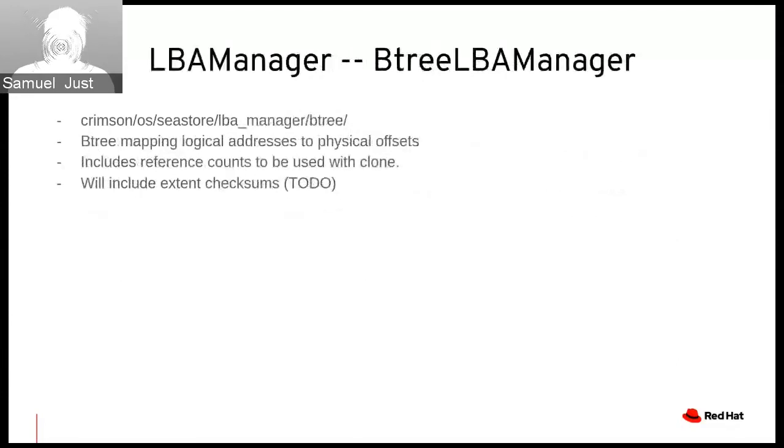The LBA manager is yet another B-tree, this one mapping logical addresses to physical offsets. It also includes reference counts so that we can use it with clones, and later on it's where we'll put extent checksums.